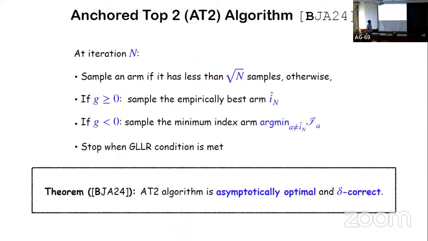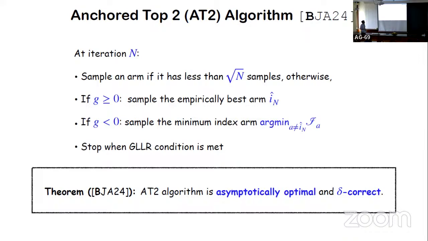Now instead of sampling the best arm with probability beta, what we do is we just look at this empirical anchor function, and if the empirical anchor function is greater than or equal to 0, we pull the empirically best arm, and if it is negative, we pull the arm that has the minimum empirical index, and we keep on doing that. This anchor function has the property that it is decreasing in the number of samples given to the empirical best arm and increasing in the number of samples given to the alternate arms.